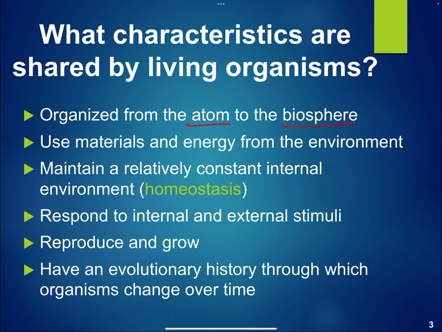Other characteristics of living systems: they are able to use raw material, extract energy out of that raw material, and that raw material is obtained from the environment. Living organisms have to be able to maintain a relatively stable internal environment, a characteristic that we call homeostasis.